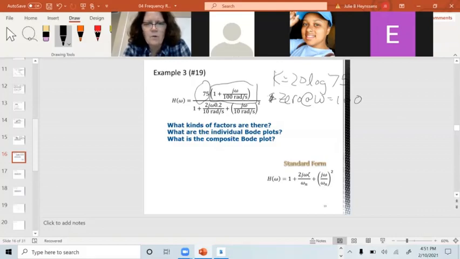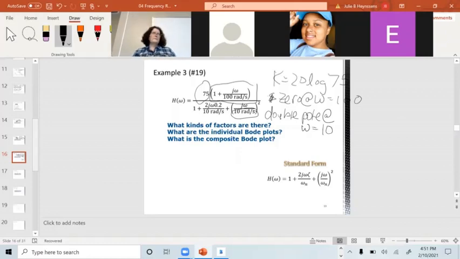I have a quadratic pole. It's already put into standard form for me. Its omega is 10. So I have a double pole at omega equals 10. Plot the 3 factors, add them together.